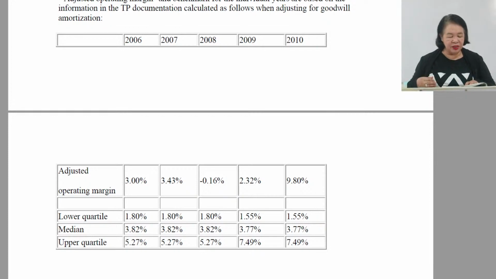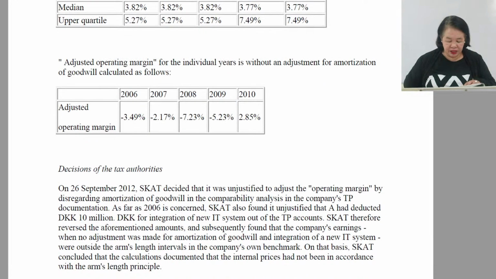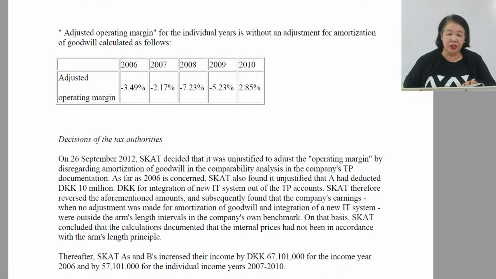On September 26, 2012, SCAT or the Danish Tax Authority decided that it was unjustified to adjust the operating margin by disregarding amortization of goodwill in the comparability analysis in the company's transfer pricing documentation. As far as 2006 is concerned, SCAT also found it unjustified that A had deducted 10 million Danish krone for integration of new IT system out of the transfer pricing accounts.